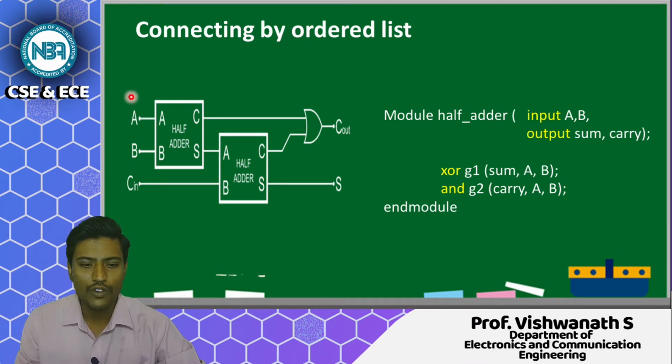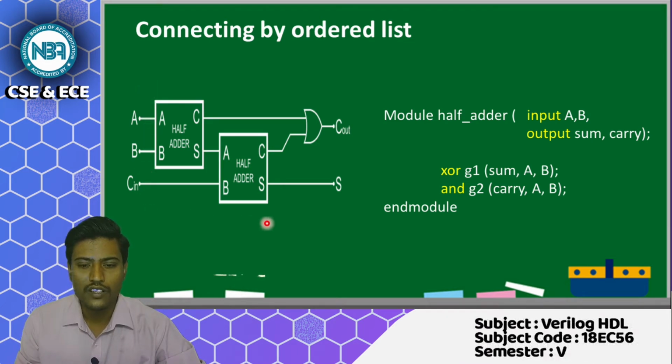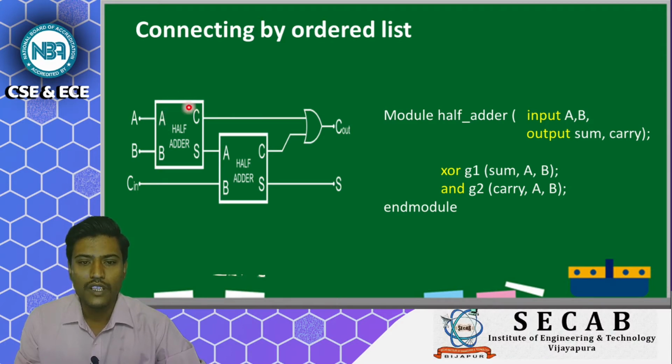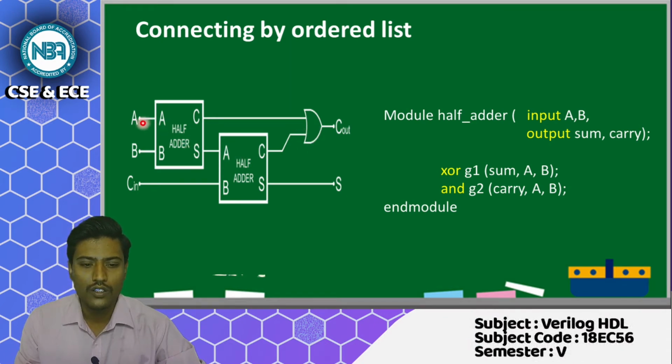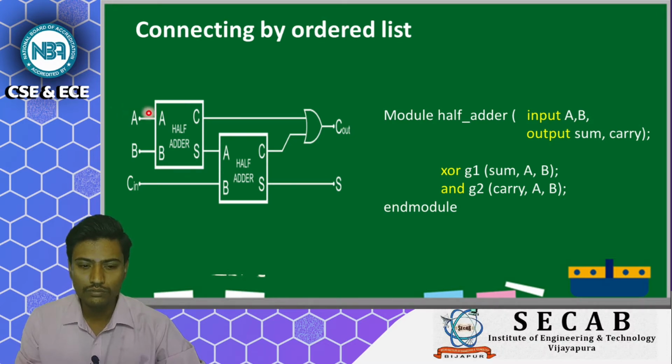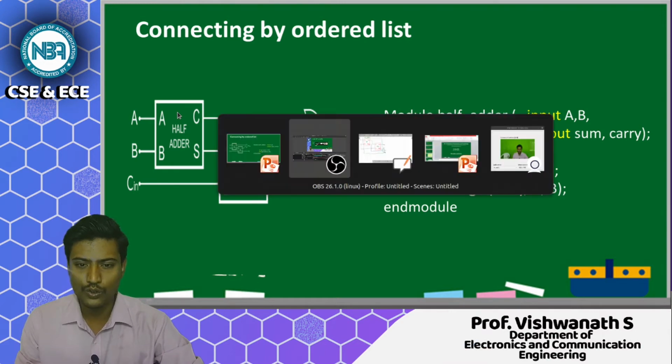So this circuit is nothing but a full adder, and we need two half adders and an OR gate to implement it.